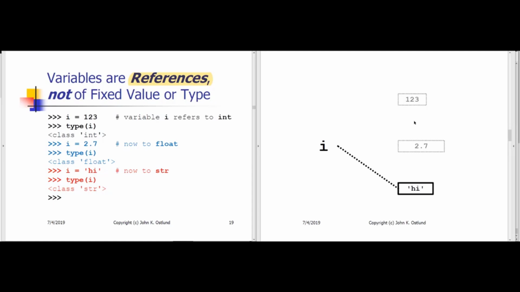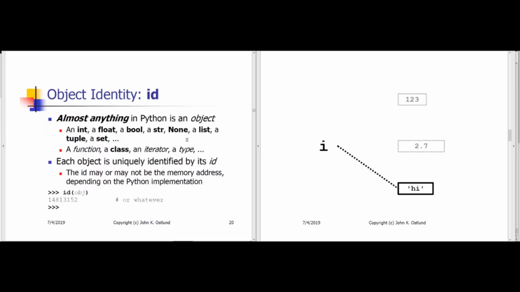This is a critically important thing to understand: variable names in Python refer to objects in memory, and if an object has no variables referring to it, the memory space for that object may be reclaimed to be reused for some other object later. Now, it turns out that in Python, almost anything is an object. Depending on what other languages you have used, this may be what you were expecting, or it may be somewhat beyond what you're expecting.